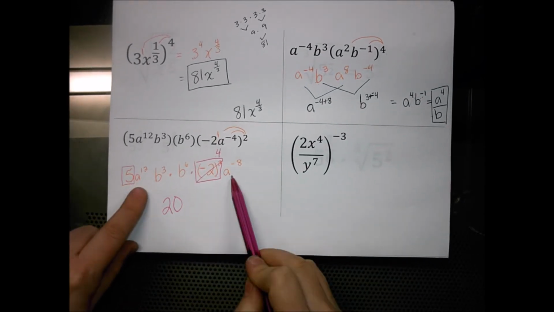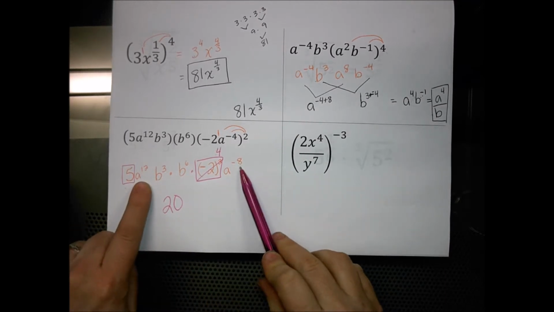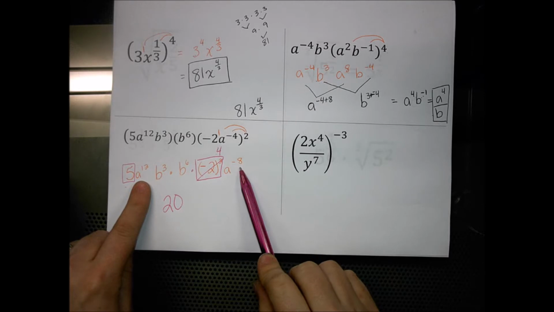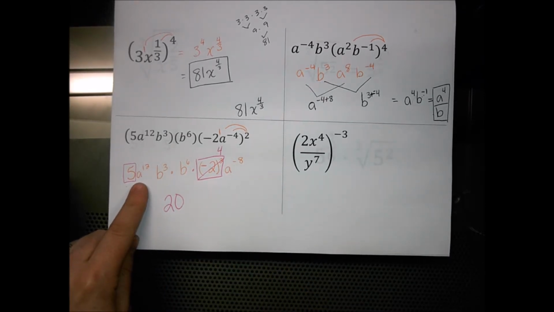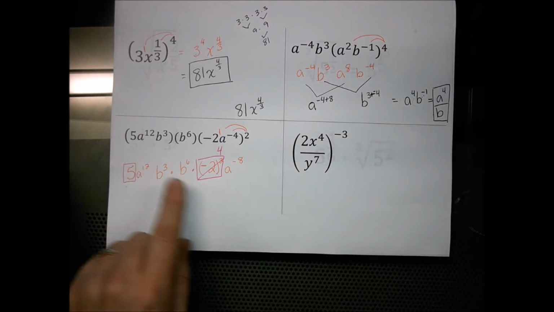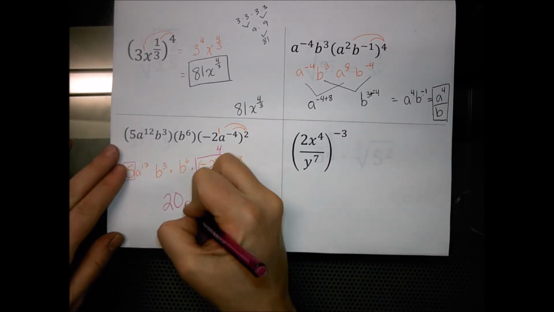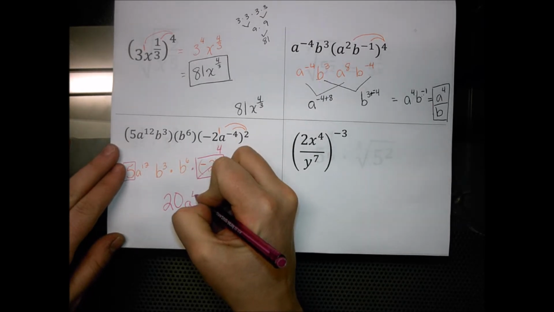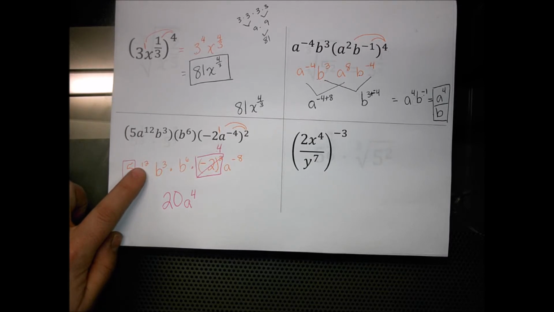And then my a values, I have a positive 12 and a -8. Do you think I'm going to end up with a positive or a negative in my answer? Positive, because it's like 12 minus 8. You're adding those together, but one of them is negative, so 12 plus -8 gives you a to the 4th. 12 plus -8 is 4.